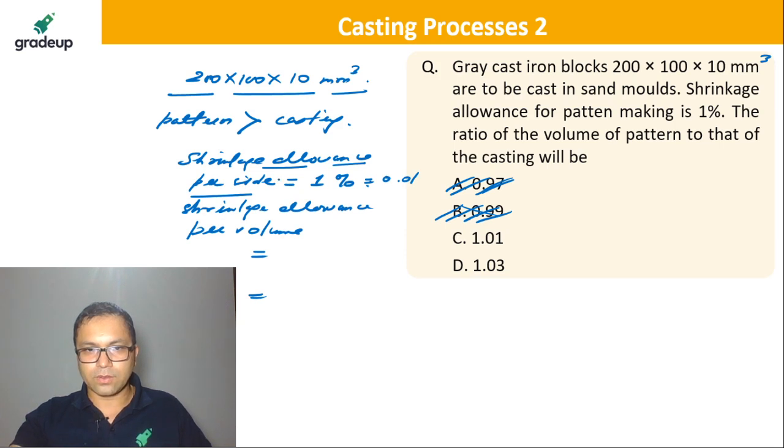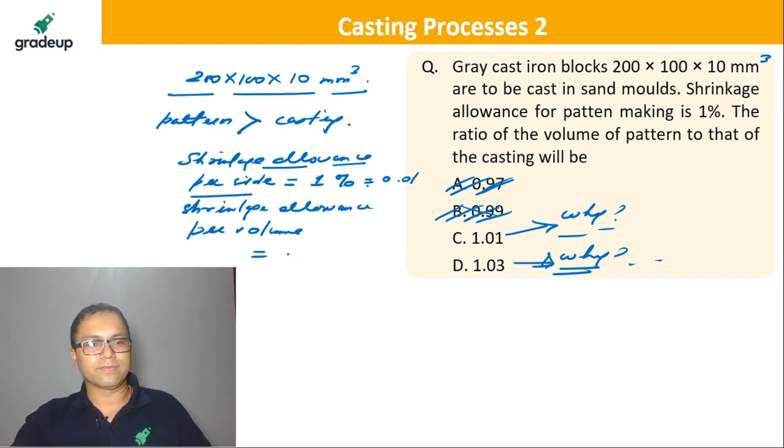So volume of pattern, per volume is going to be how much? It's going to be D, okay, Lokesh. Those who are saying C, 1.01, why are you saying C? And those who are saying D, 1.03, why are you saying that it's going to be 1.03? Just comment.